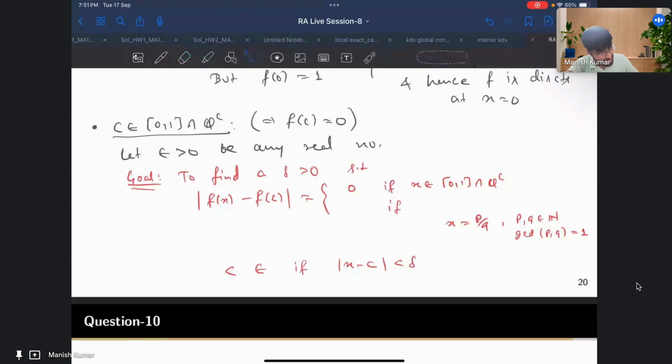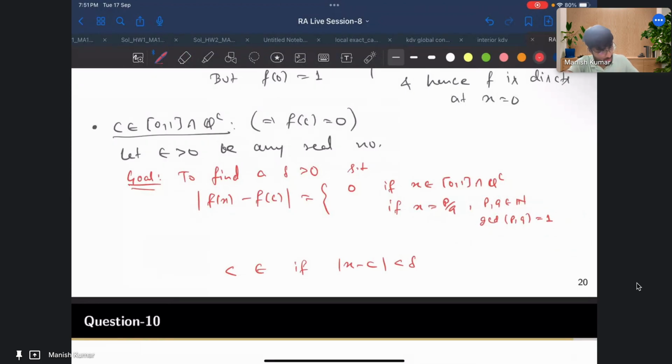Let's put one restriction, x belongs to (0,1), because 2 by 1 is also of this form, or 2 by 3, but it's not in (0,1).